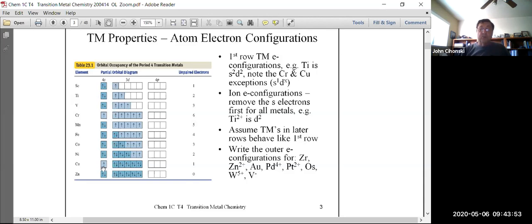So as a result, one of the electrons goes from the s orbital to a d orbital, and we end up with an unpaired spin on copper for the metal. Then, of course, to finish it out, we are looking at zinc, and that would give us the filled shell. 2 in the S, 10 in the D.